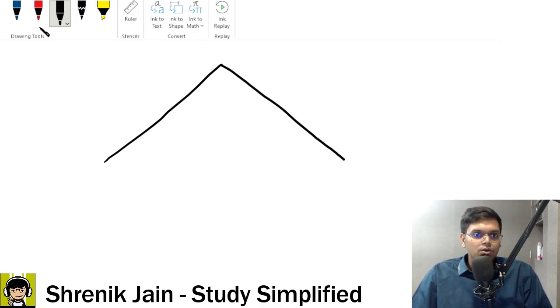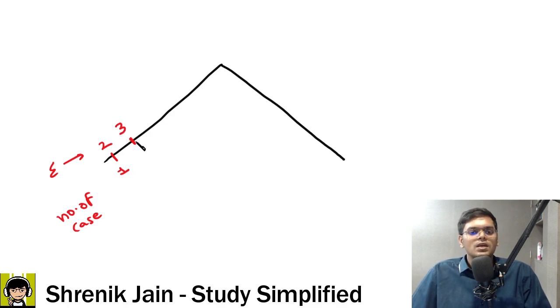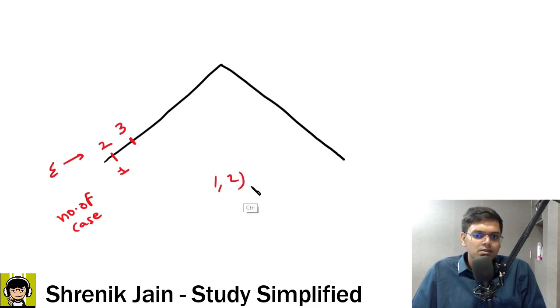In the pyramid, the minimum sum is 2. I get sum 2 when I have 1, 1, so the number of cases is 1. Then what is sum 3? Sum 3 I will get when the outcome is 1, 2 or 2, 1. That's all. So there are 2 cases.